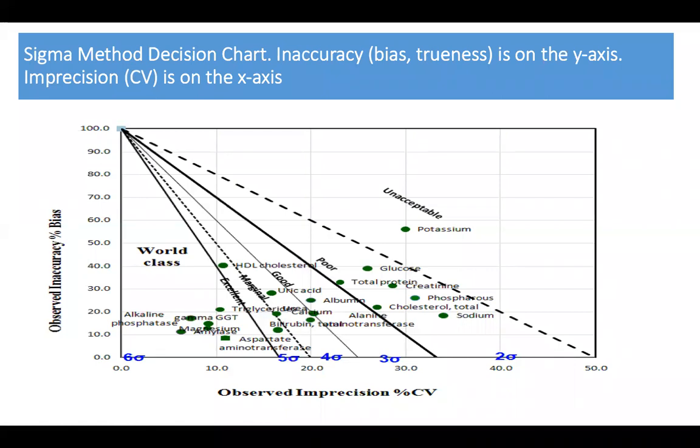If suppose we are working at 2 sigma level, then we will be in the poor to unacceptable zone. But if it is around 5 sigma, we are near excellent, or if it is more than 5 sigma, we are in the world class zone. Am I right, Shankari? Yes, sir. But we are not discussing this here in detail because otherwise it will be difficult for all of you to concentrate. We are discussing only simple things here, but all these things will be discussed in the future lectures.